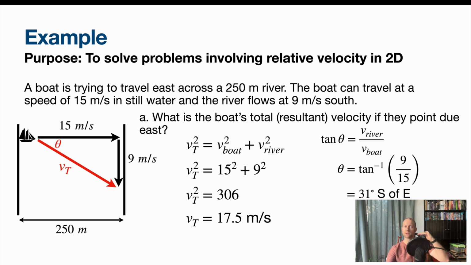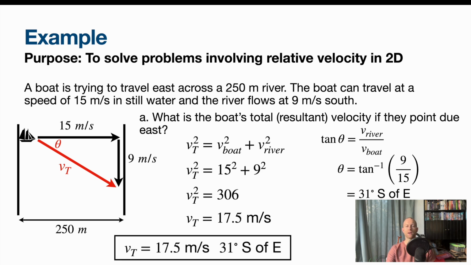Okay, so notice the boat, the 15-meter side is east. That's the east direction. And if I rotate south of east, that's where I get my total velocity. So again, going east, I rotated south to go south of east. Started at east, went south of east. So there is our total velocity.